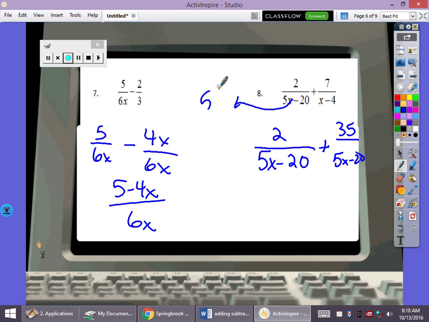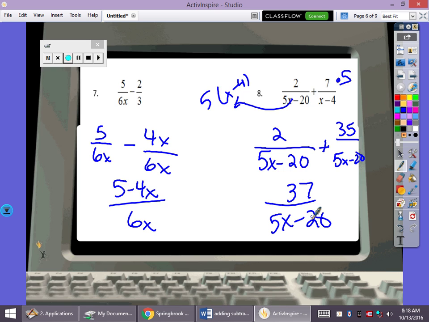When I factor it, it's 5 times x minus 4. The x minus 4 matches, so I just need to multiply this by 5. So I get 37 over 5x minus 20, which I saw on a couple papers when I walked around the room. Yes? All right, one more.